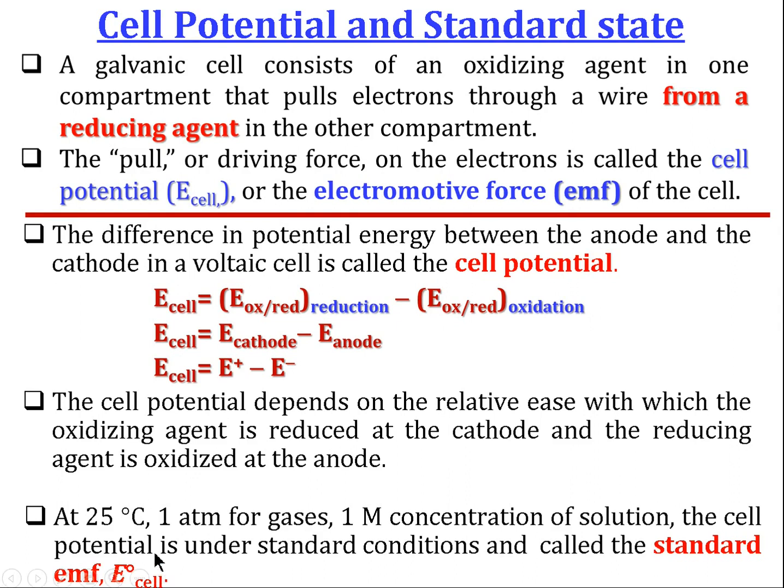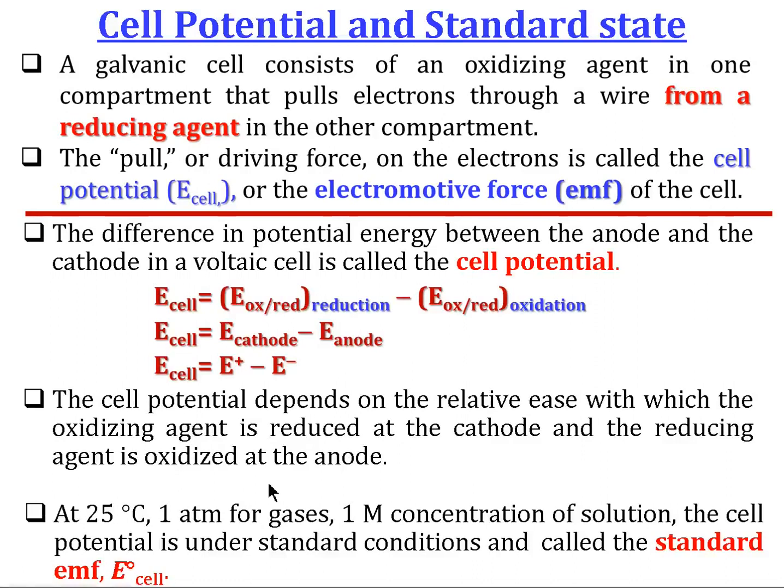So the cell potential under the standard conditions is called the standard EMF, or the standard E0 of the cell. At the standard state, E0 of the cell is equal to E0 of the couple ox/red at the reduction minus E0 of the couple ox/red at the oxidation.